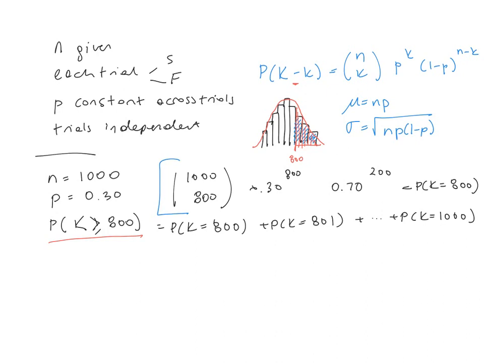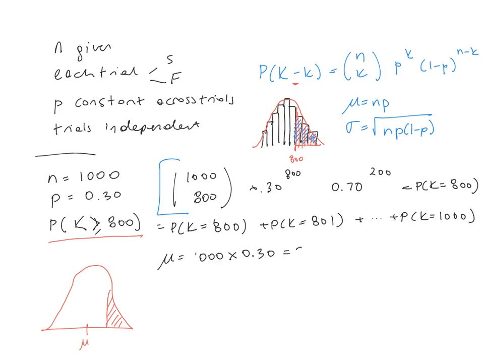Because that just becomes a normal problem of, here's a distribution, you have an observation, find the area under the curve, right? When I draw my normal curve, the first thing I want to do is mark my mean. So in this particular case, we said we can calculate the mu as n, which is 1,000, times p, which is 0.30.